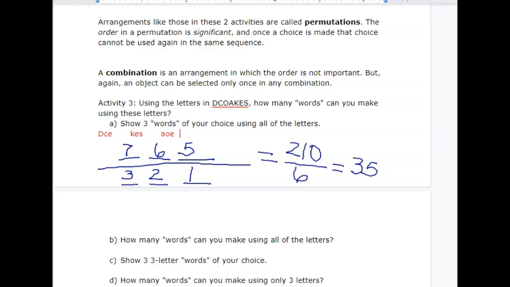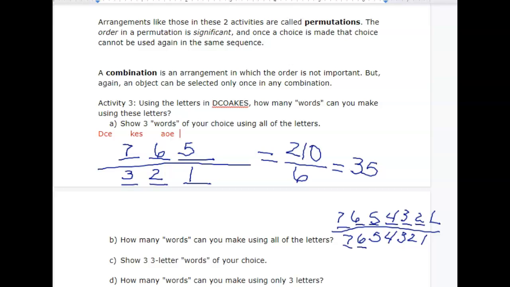So how many words can you make using all the letters? That's going to do all the letters. So 7, 6, 5, 4, 3, 2, 1, and then it divides by the use of all those letters.